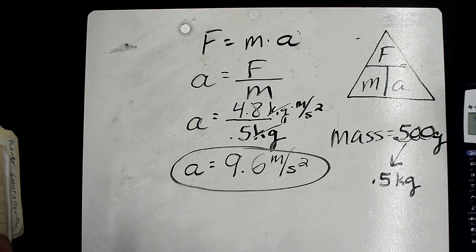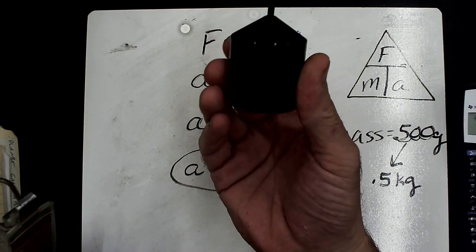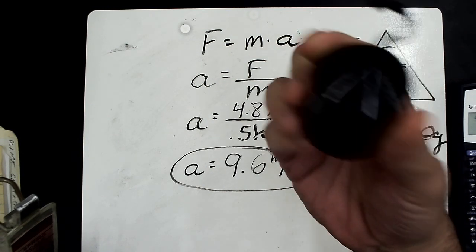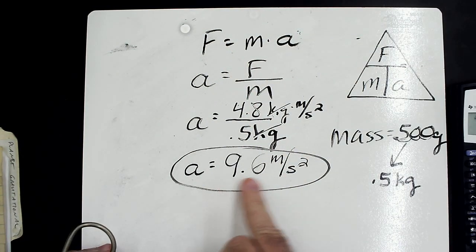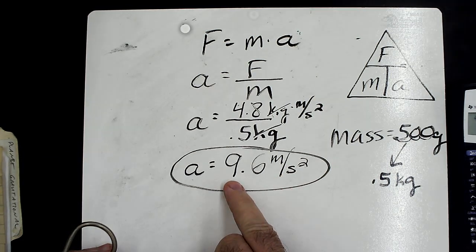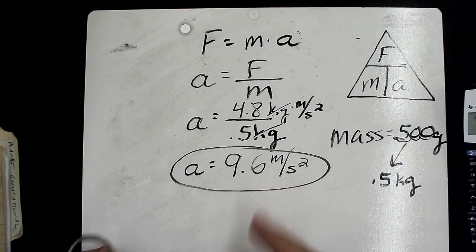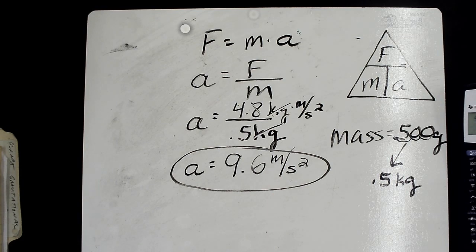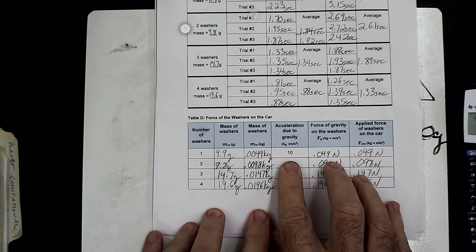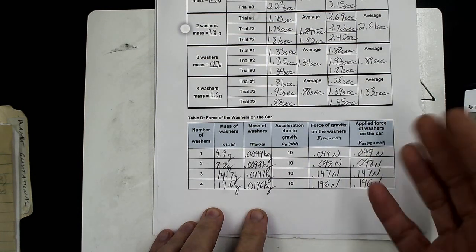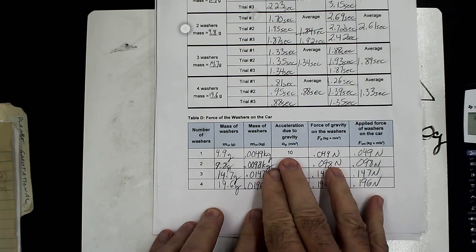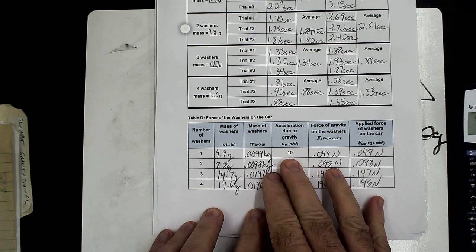What I've just calculated is if I was to drop this out of a plane and it was to fall to the ground, every second of time that passes, it would go 9.6 meters per second faster. So just to make the number easy again, if I have 10, if I dropped it out of the plane, just to make the math easy, after 1 second, it'd be going 10 meters per second.